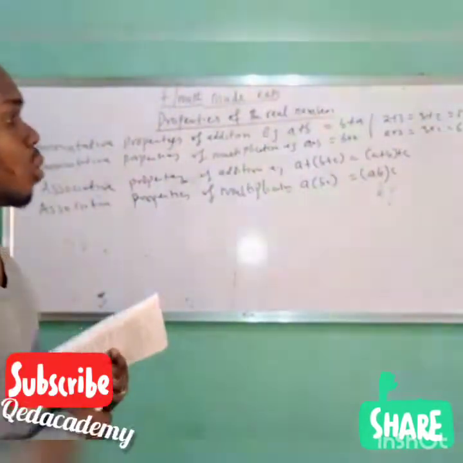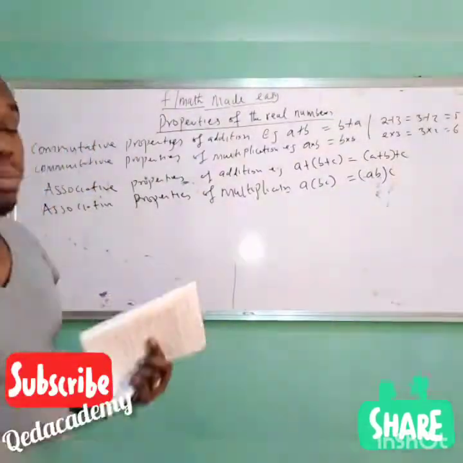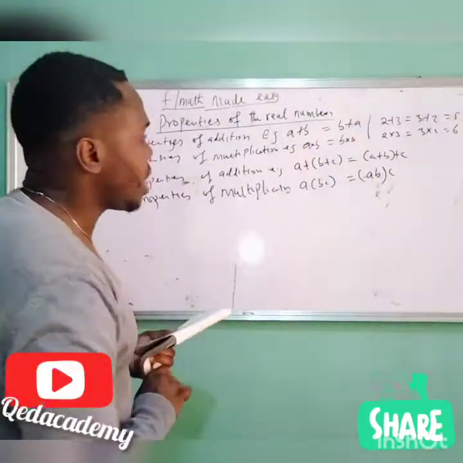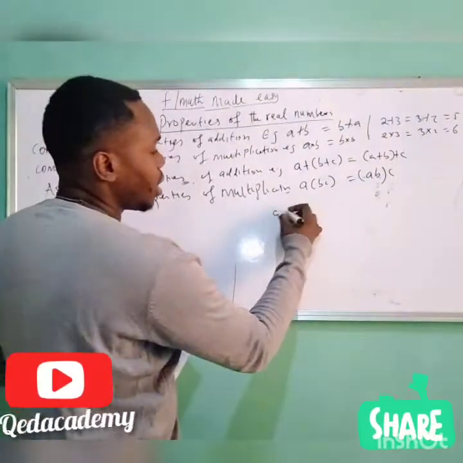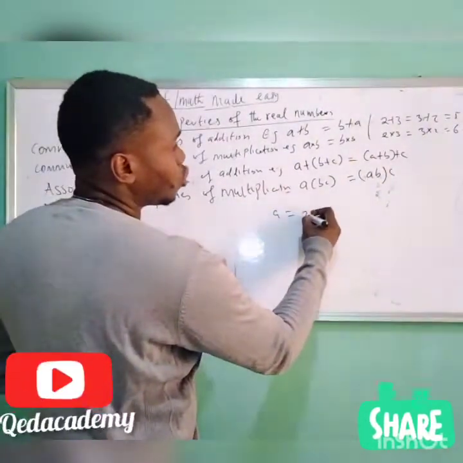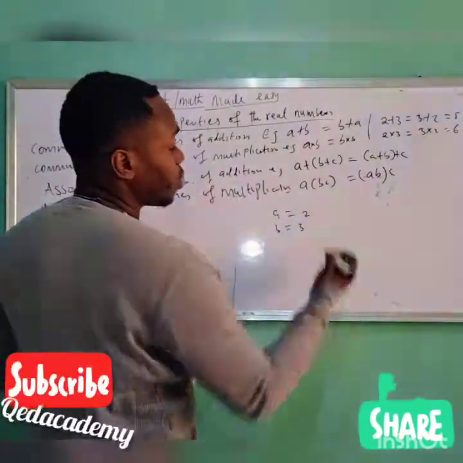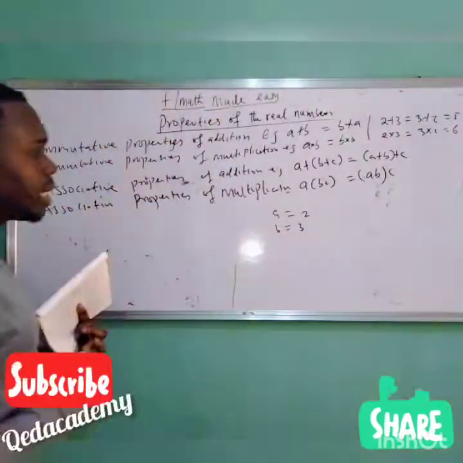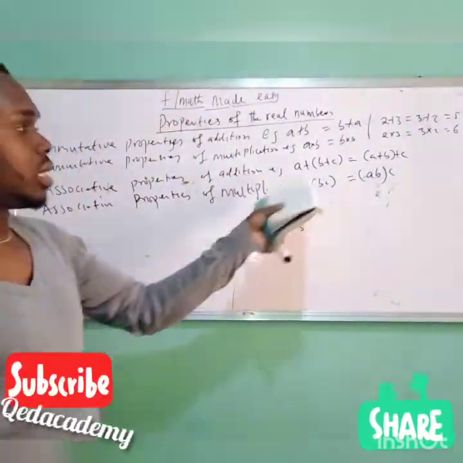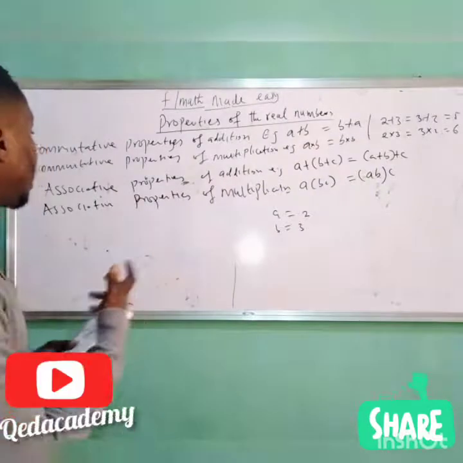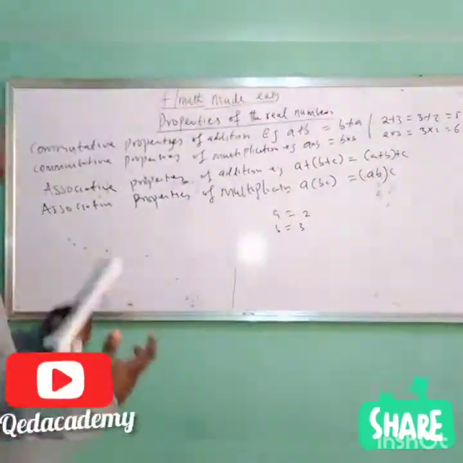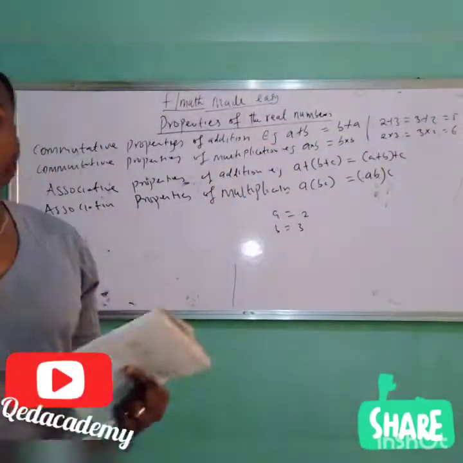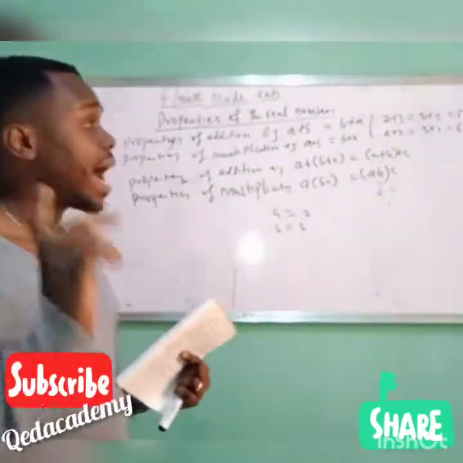So we are still going to take an example by making our a become 2 and our b equal to 3. We are going to plug in these figures in the alphabet, to prove to you that the associative property is true for addition and for multiplication.